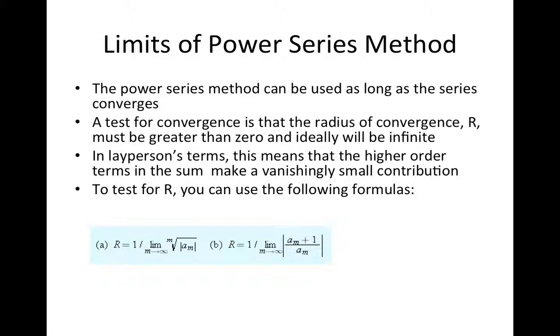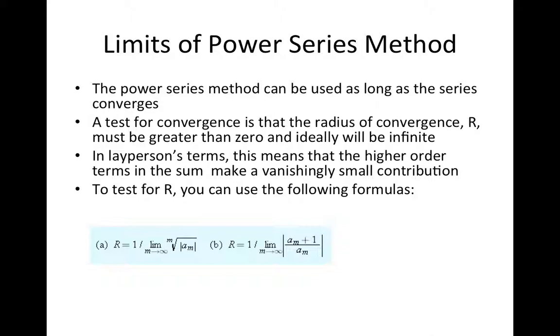What this really means is that you can use a power series estimation as long as the higher order terms in your power series are approaching 0 and getting small.